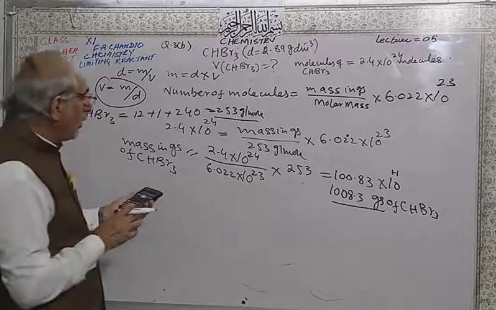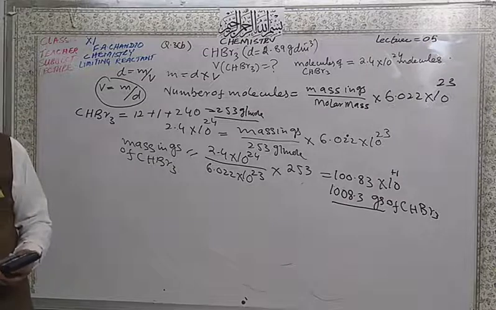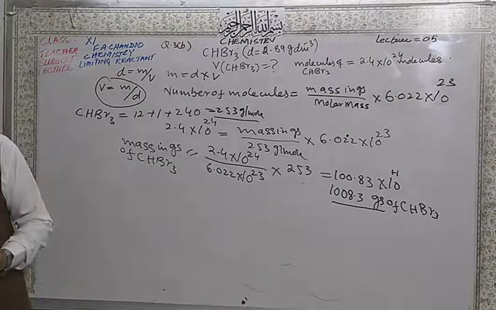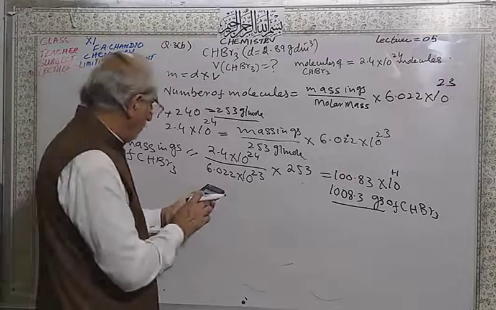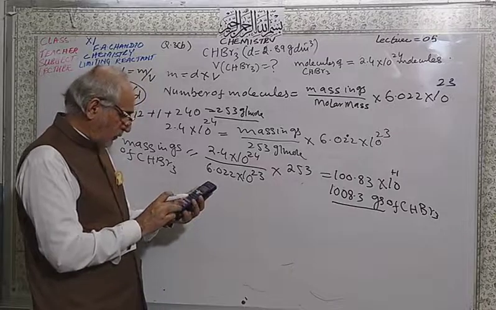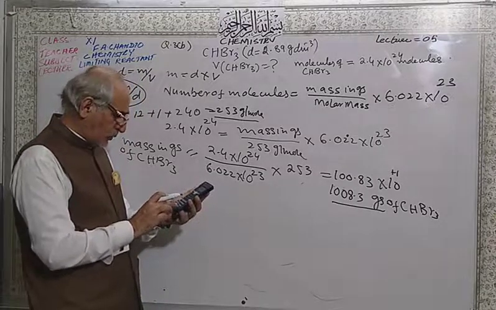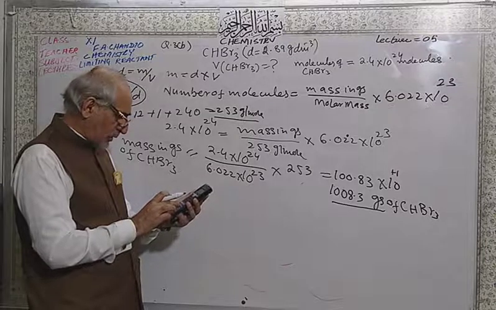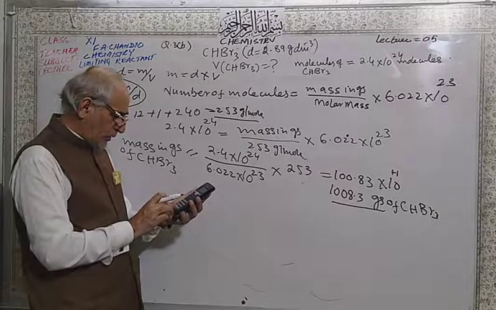What is this? 2.4 divided by 6.022 multiplied by 253.